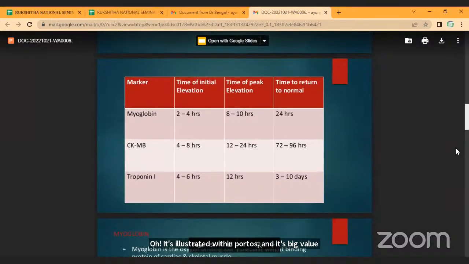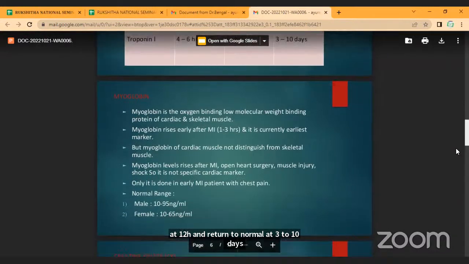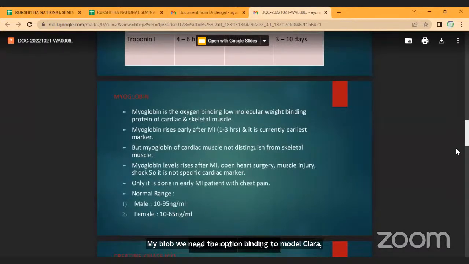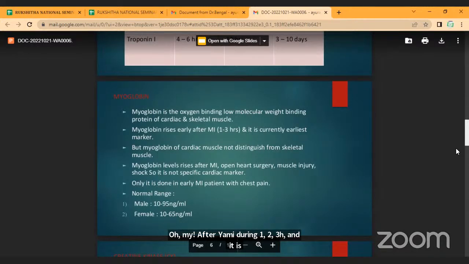We will see myoglobin first. Myoglobin is the oxygen binding, low molecular weight protein of cardiac and skeletal muscle. Myoglobin rises early after MI, within 1 to 3 hours, and it is currently the earliest marker. But myoglobin of cardiac muscle is not distinguished from skeletal muscle.